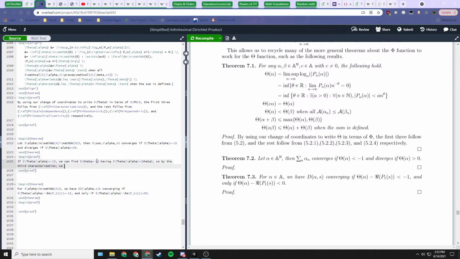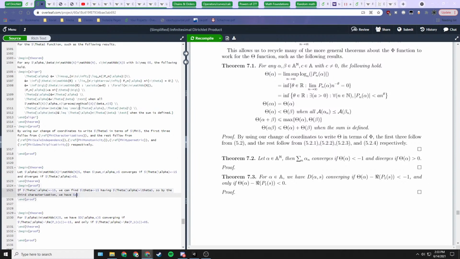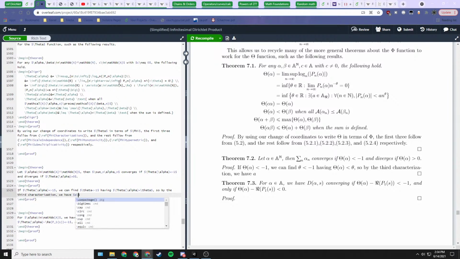factorization, we have, this shouldn't be a greater than 0. This should be the same statement, A and A sub re. This also shouldn't be less than.